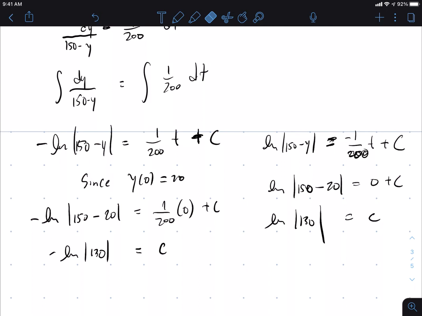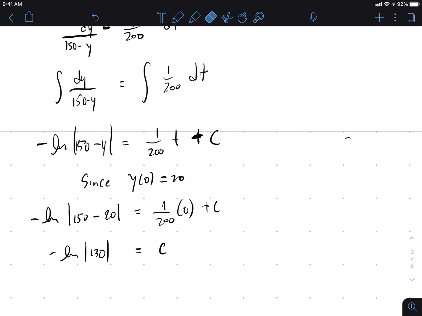So once you get to the point where you're at this position, here is where I would do my substitution of the initial condition. I wouldn't move a sign over or anything like that because that can cause some issues. Okay? And I don't want that to happen to you. That'd be a bummer.